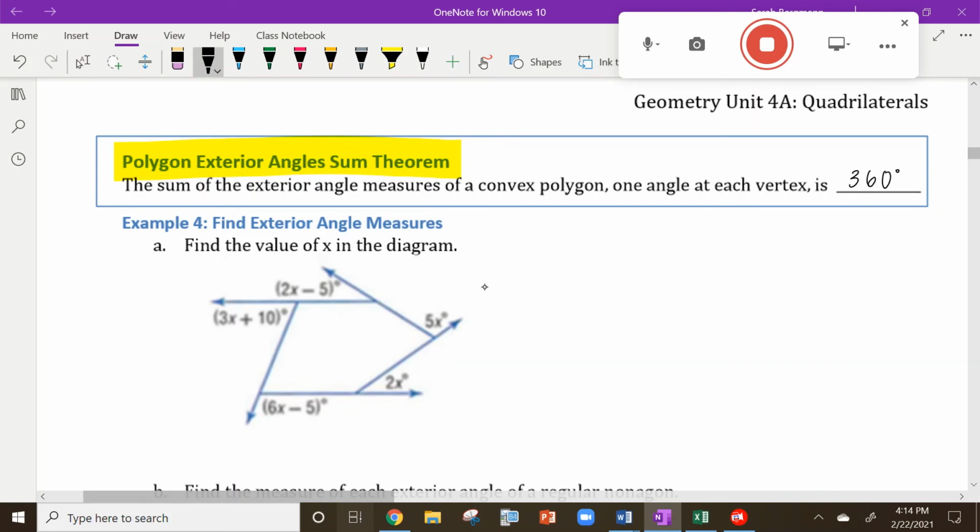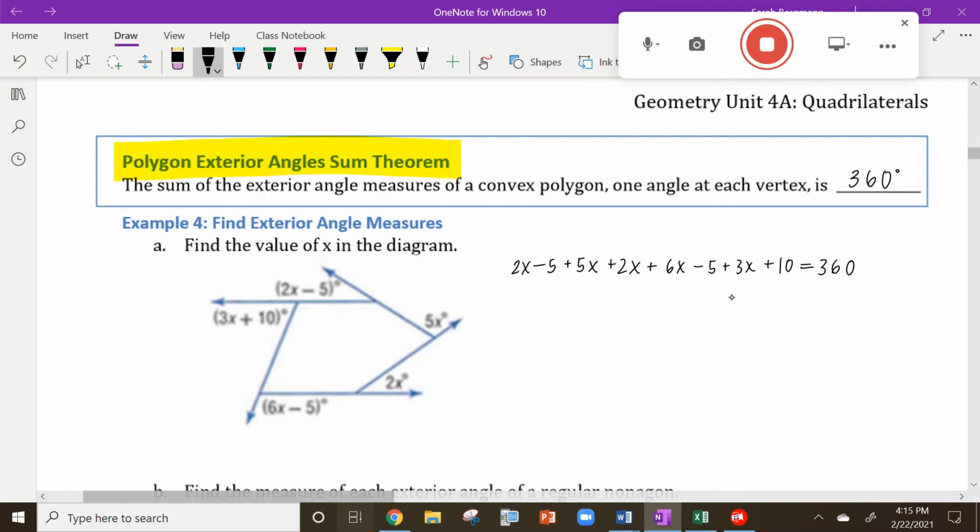So we can find the value of x in this diagram because they're all exterior angles. So I know that all of these exterior angles must have a sum of 360. So this gives me an equation to solve.